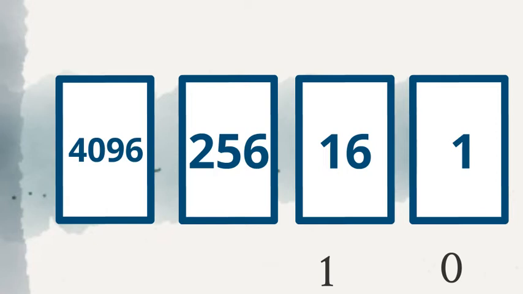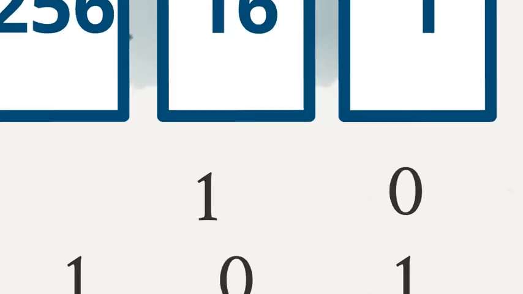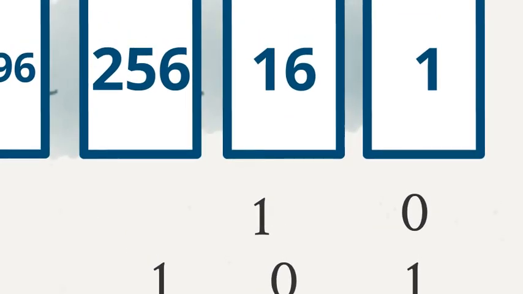So if you have a look at the number here, which is 1 and 0, what would that represent? Well, we've got 1 16 and 0 ones. So in hexadecimal, that would represent the number 16. So 1 0 in hex would be 16 in denary. So if we then look at another example, 1 0 1.